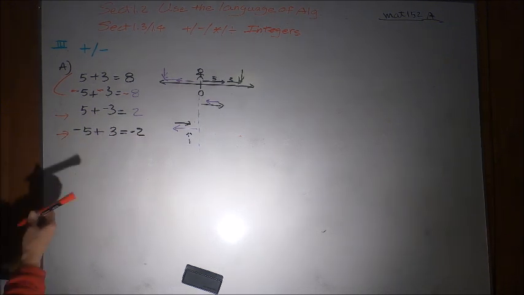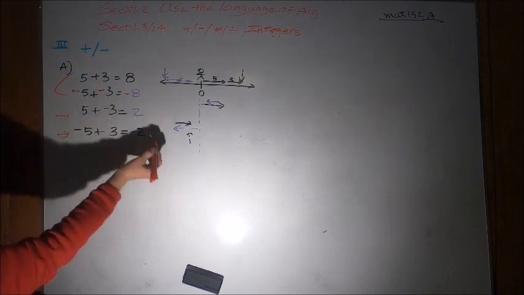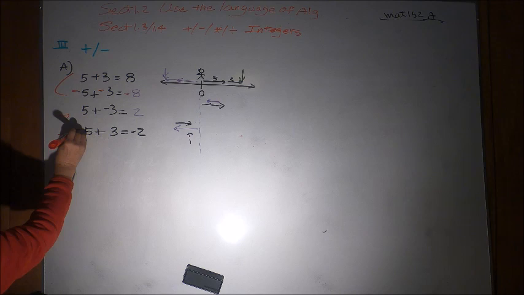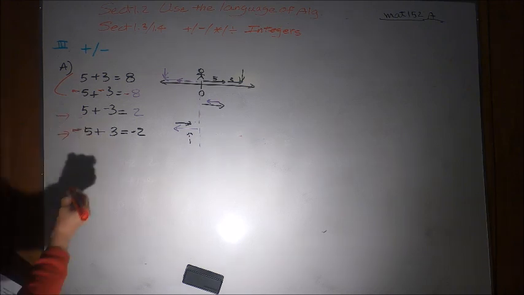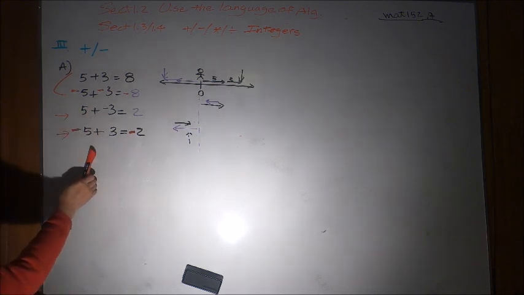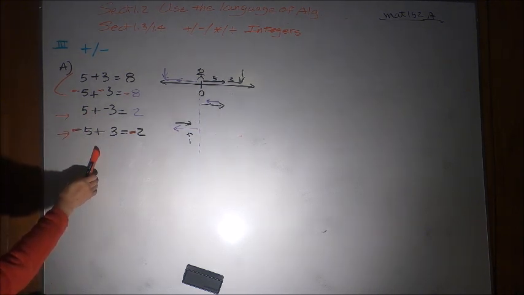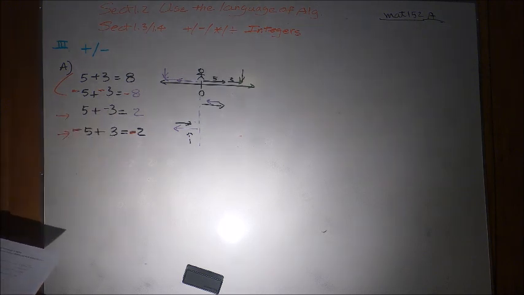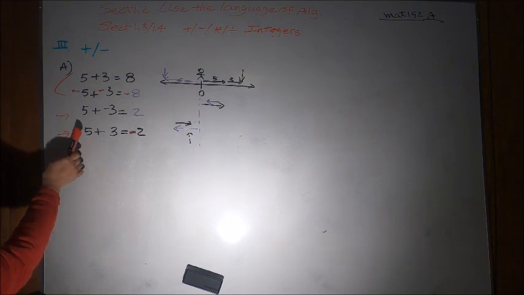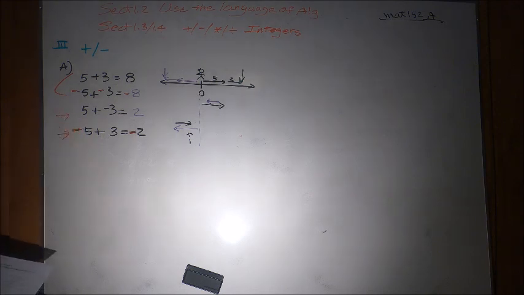It depends, right? If the larger number, you go right more, you end up on the right, positive. If you go left more, you end up on the left, negative, right? So if different signs, what do you do? You subtract them. Then you keep the sign of the larger number. Then you'll be okay, right?